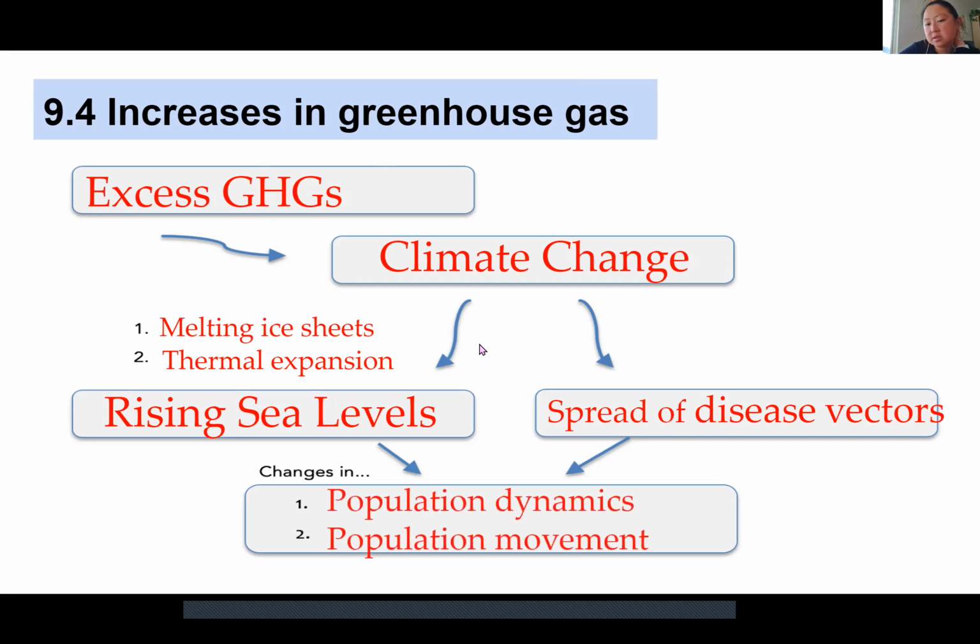All of these things result in changes of population dynamics, and also population movement. It might force humans to move to different places. It's also forced different species to do so. So increased greenhouse gases, the ramifications, very far-reaching.